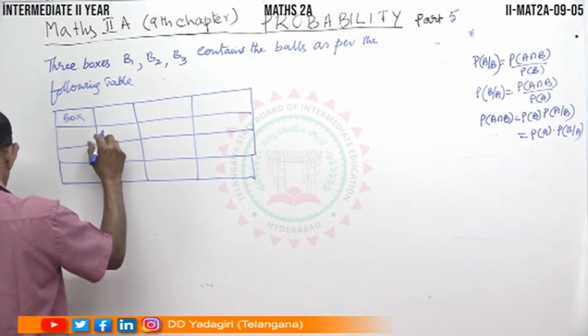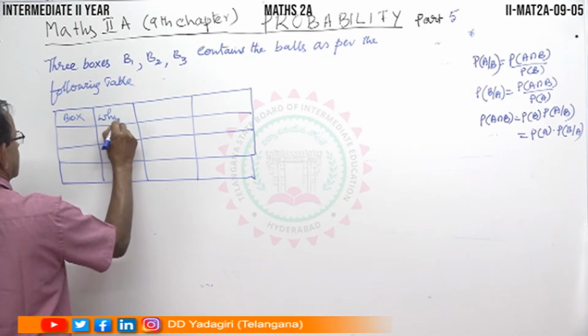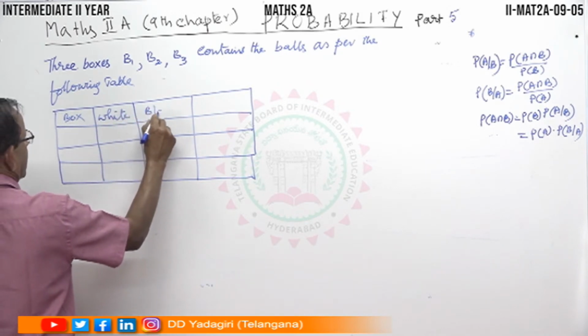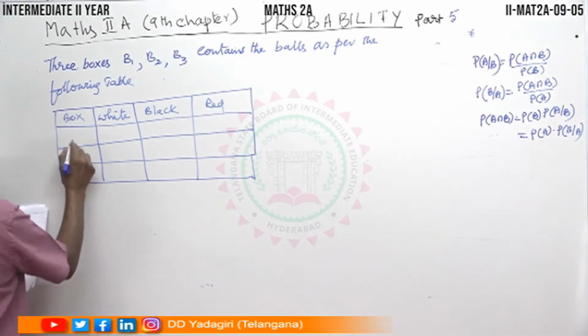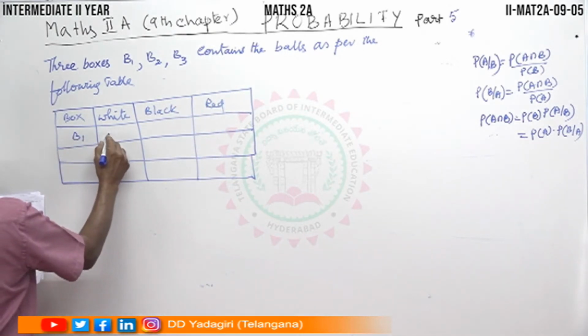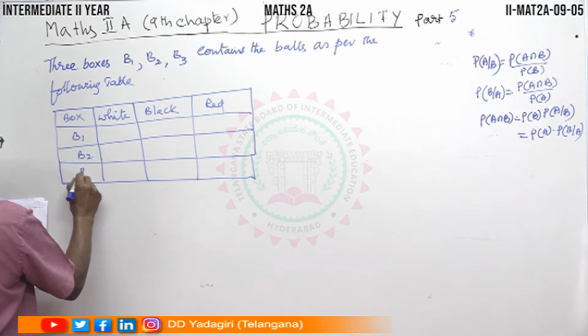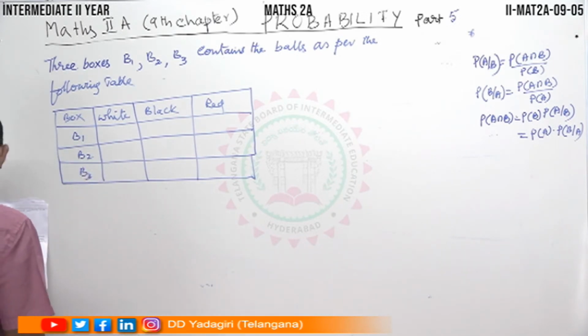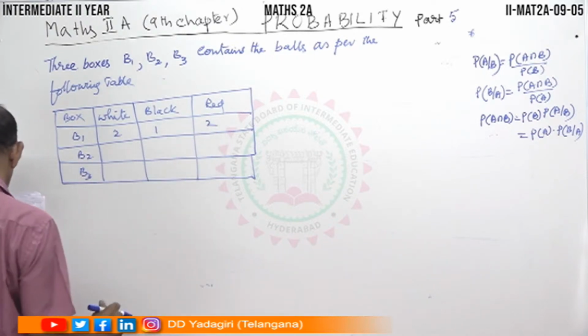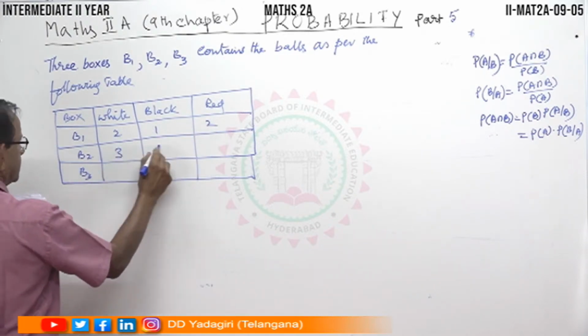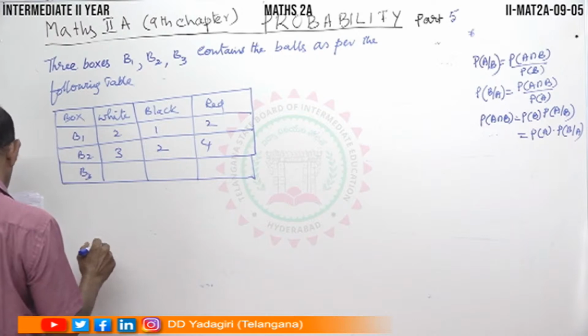Box, white, black, and red. B1, B2, B3, 3 boxes are there. 2, 1, 2; 3, 2, 4; 4, 3, 2.